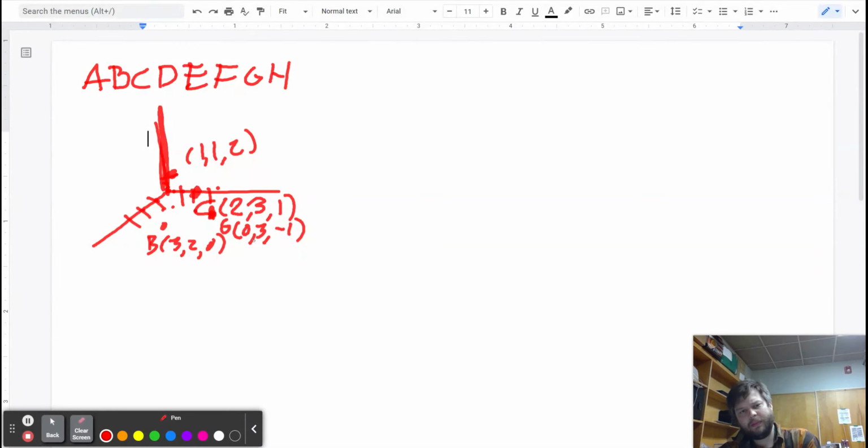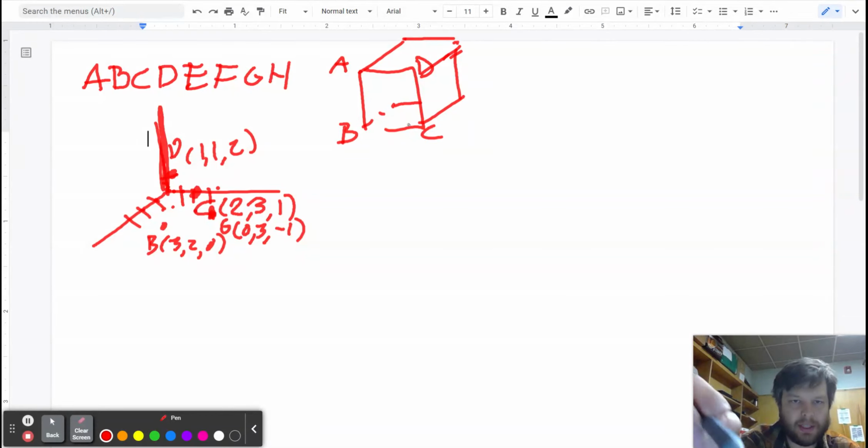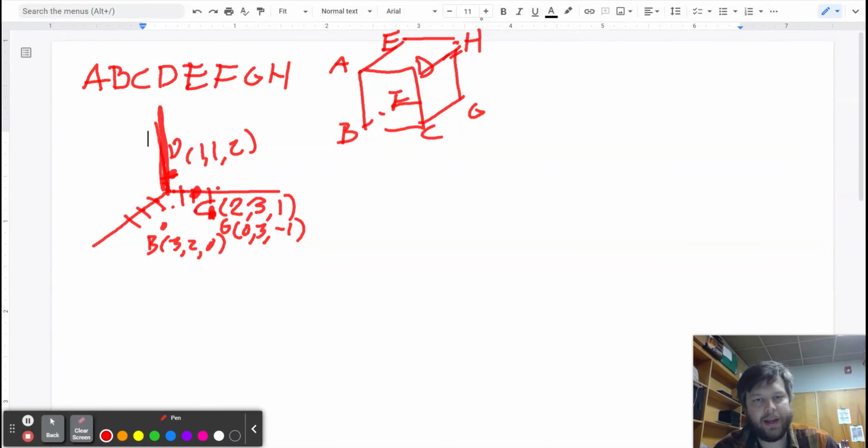Okay, well, maybe my picture is going to be too hard to draw, but what I know when I'm drawing a cuboid in general is that A, B, C, D are going to be along one face, and then they're going to connect to what we can call the backside of it, E, F, G, and H like that.